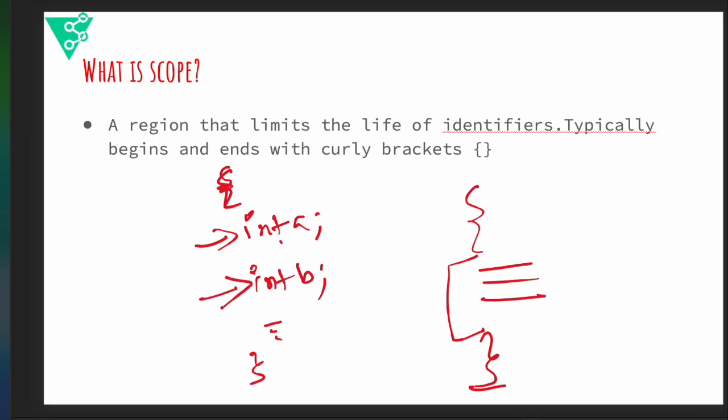Only when you come to the int b statement does it take life. Even though the scope is throughout the block, can you access int b here, say by printing a and b? No, you can't, because the information about variable b is not available at this line. So it is from the declaration of the member variable to the end of that particular block. In definition terms, scope is a region that limits the life of identifiers.